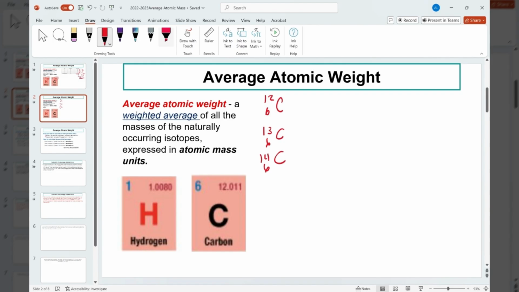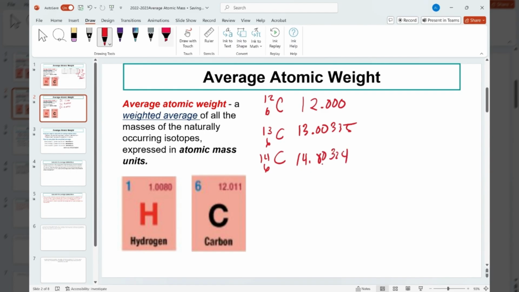Carbon-12 has a mass of 12.000 AMUs. Carbon-13 has a mass of 13.00335. Carbon-14 has a mass of 14.00324.